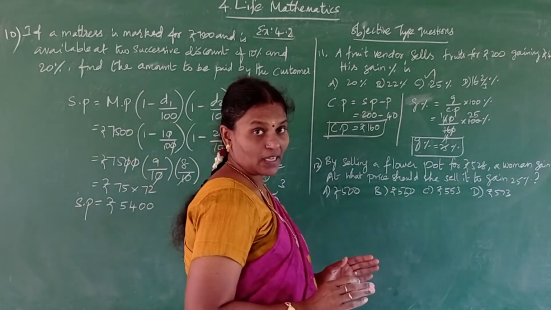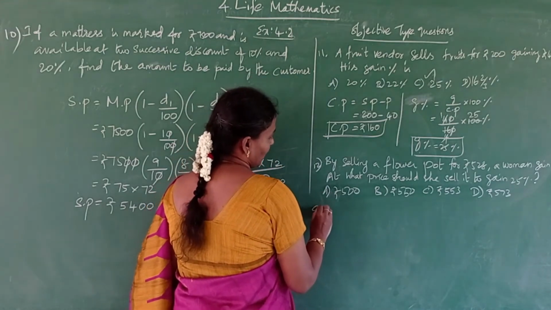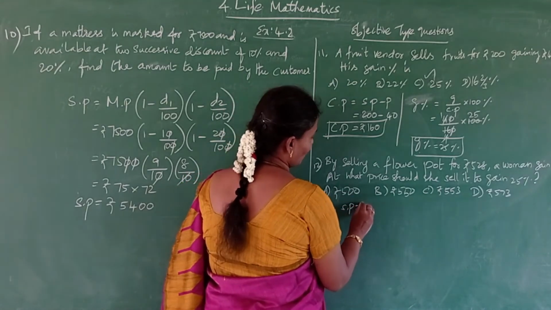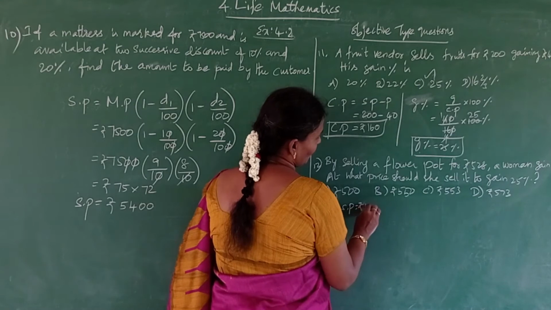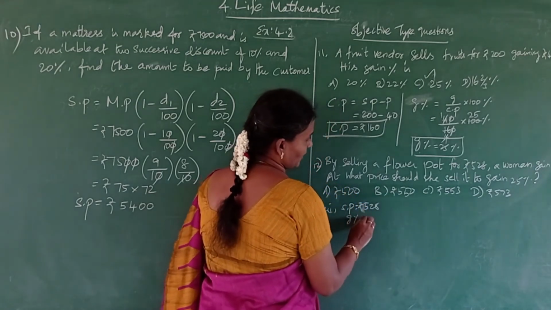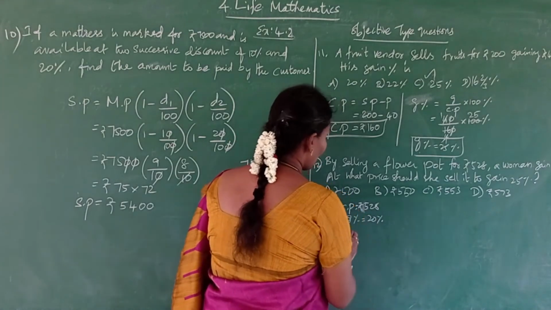Okay, cost price for the first gain. So in this first case, see case 1, here SP is equal to 528. Okay, then gain percentage is equal to 20%.